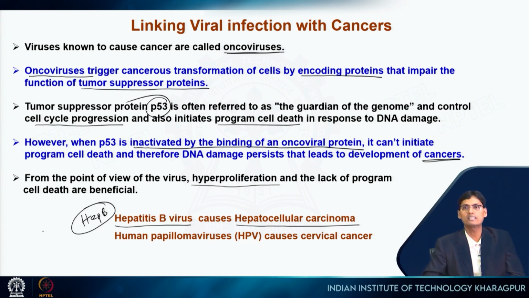So even in India, whenever kids are born, they are administered this Hep B vaccine, right? This vaccine is mandatory, and it protects us from this kind of cancer transformation.